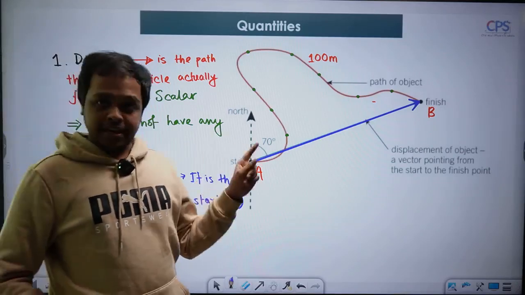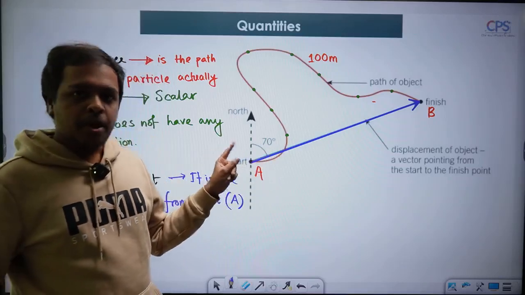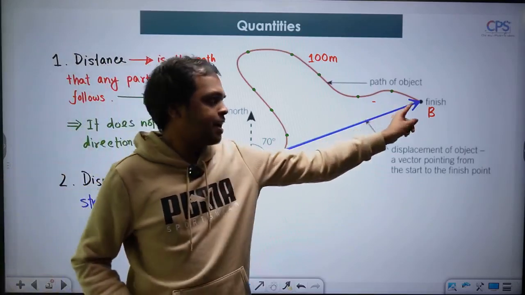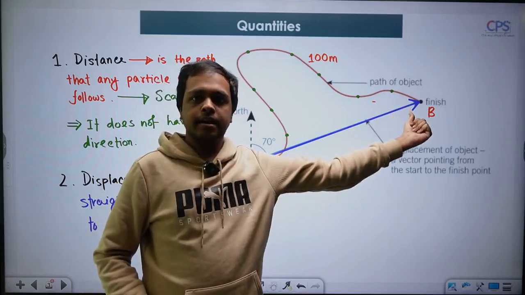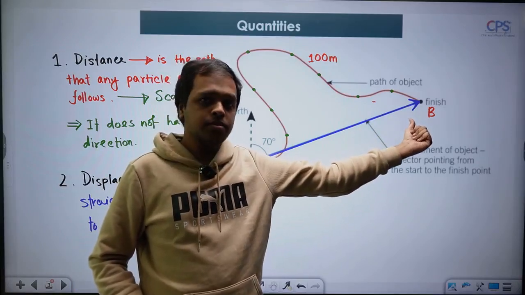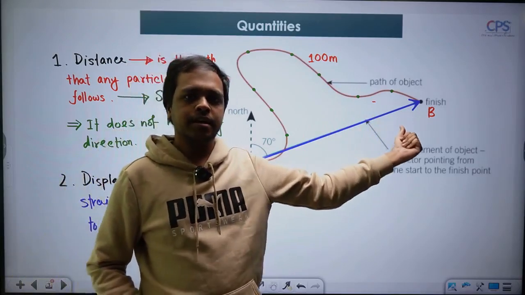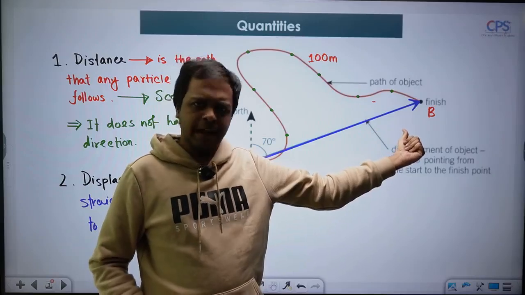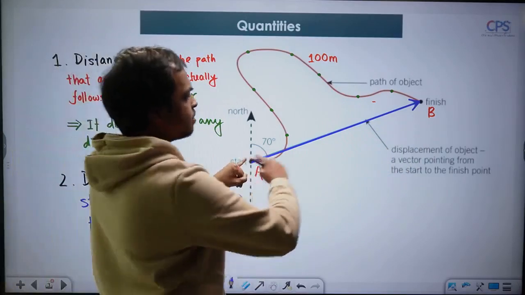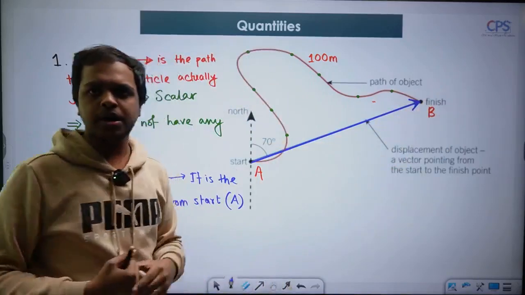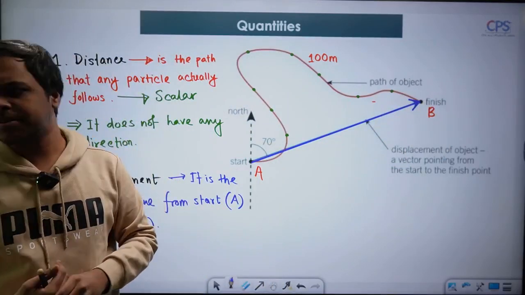So, point number one, this displacement is straight, and also this displacement should have a value, right? It can have a value. Just put a scale here and it will have a value. Why not? It will of course have a value.